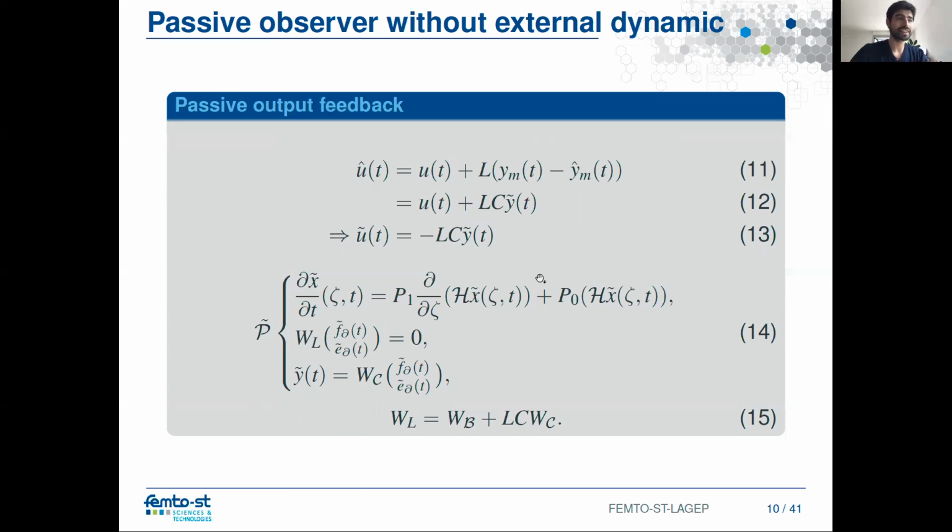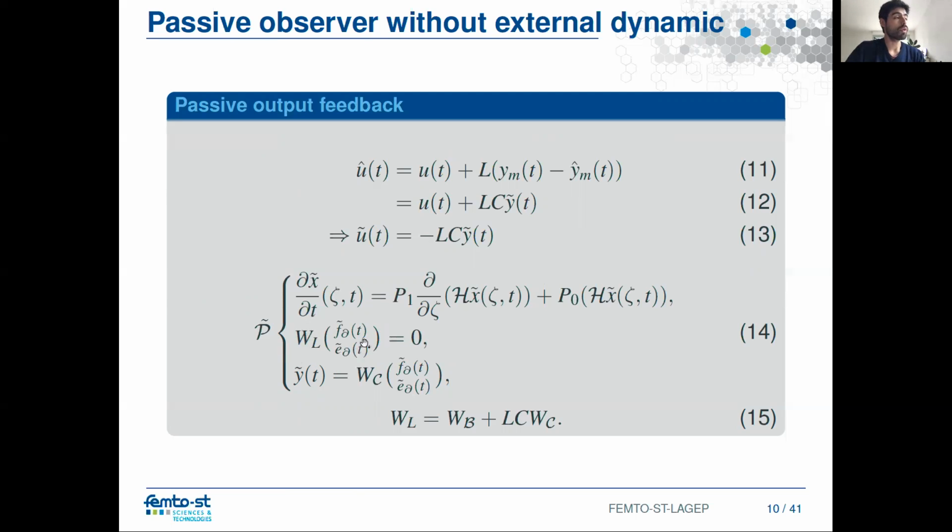There is no external dynamic here. So then we have the error system, and this error system has a new matrix WL, and these are the boundary conditions of the system, and they are fixed to 0.